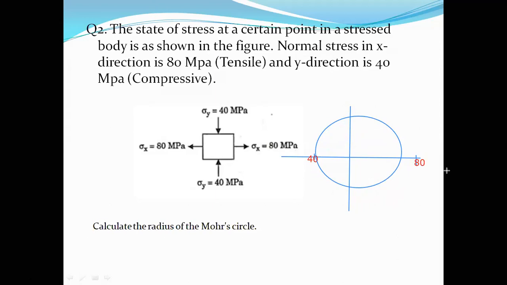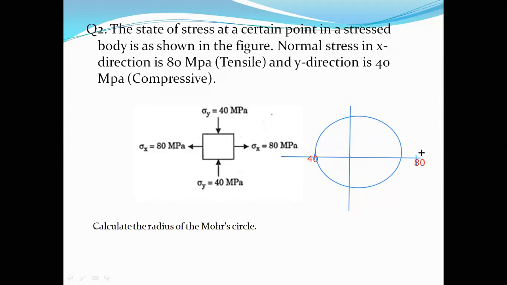So I need to set it up, and you are asked to find the radius of the Mohr circle. From the origin to this side is 40 and to this side is 80. As I said, there are no shear stresses, so sigma x itself is the major principal stress and sigma y itself is the minor principal stress.